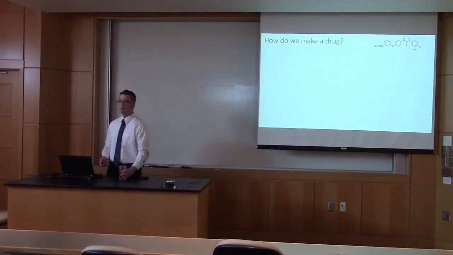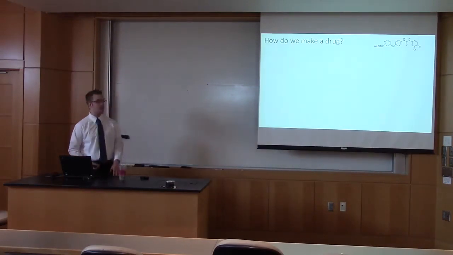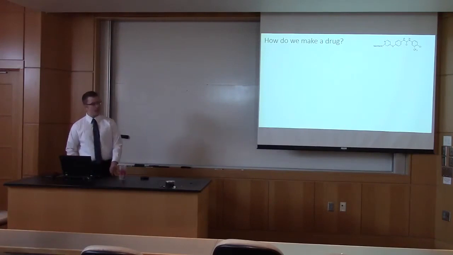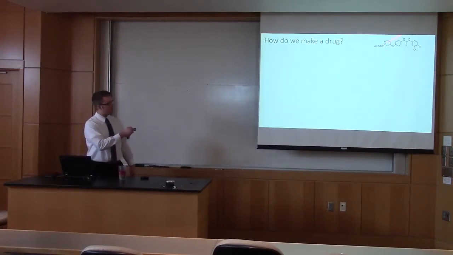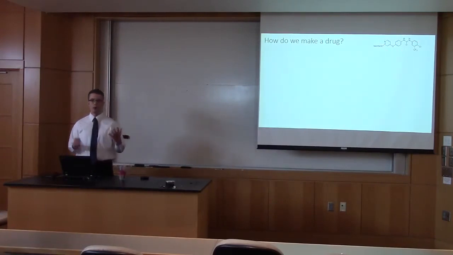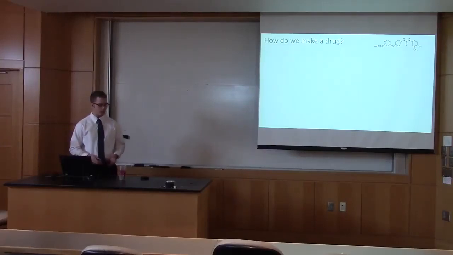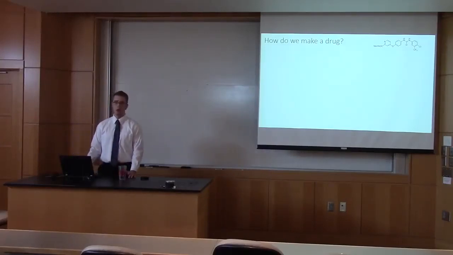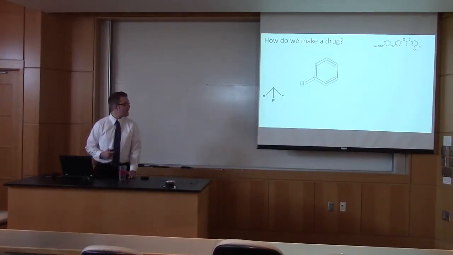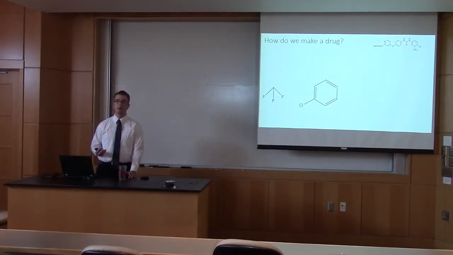So, of course, this begs the question, how do we create a drug? Well, this is the target here, just an example. But I'd also like to point out that when we want to make a drug, we want to trifluoromethylate at the very beginning of this process.